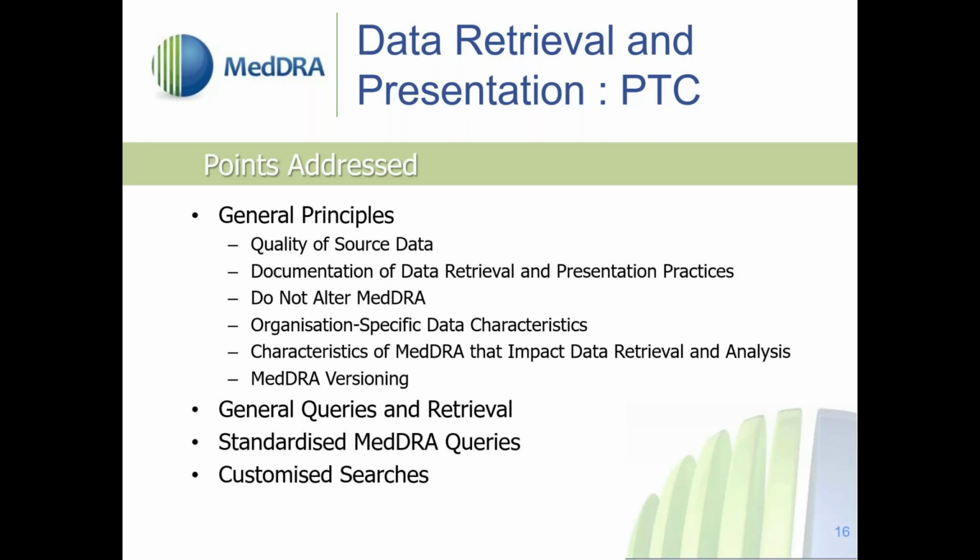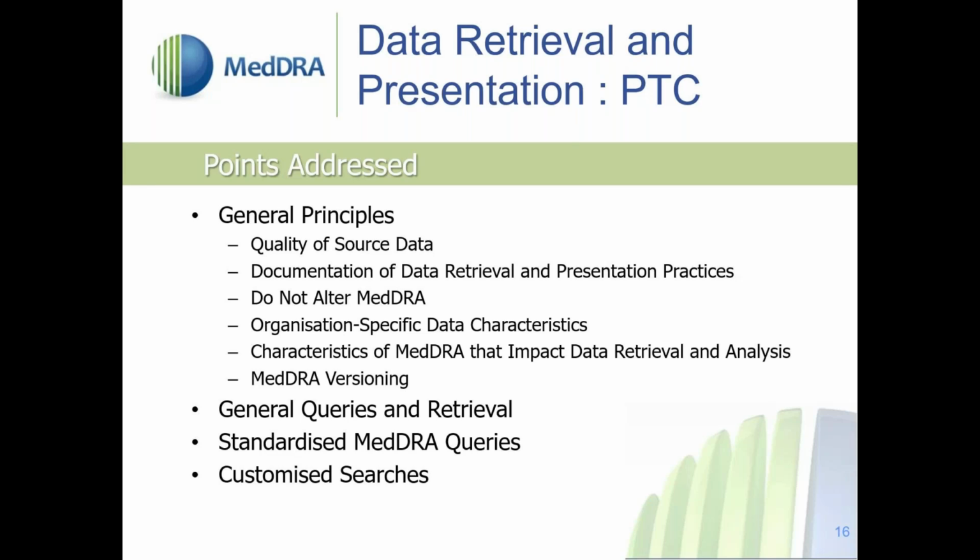Some may facilitate data storage of all levels of MedDRA, including the HLT and HLGT levels, and we'll show a slide that talks about the levels of the MedDRA hierarchy. And some may be restricted to certain levels of MedDRA. Some organizations may use synonym lists, and some of those synonym lists may be applied on a global basis or study-specific basis. Some organizations have their own approach to legacy data conversion and data mapping standards. So that's the impact of organization-specific data characteristics.